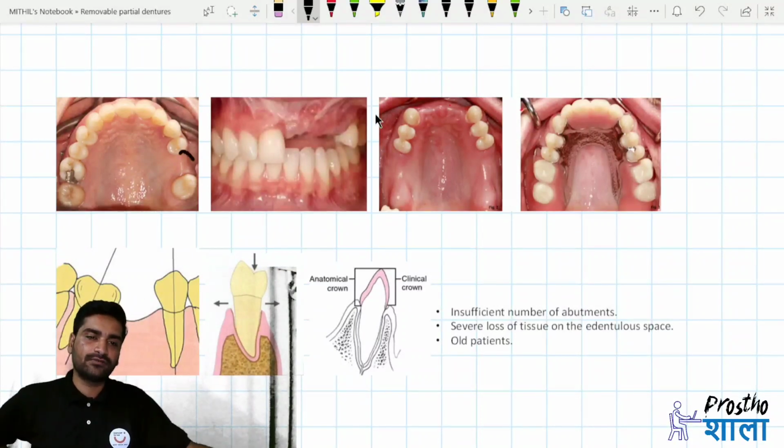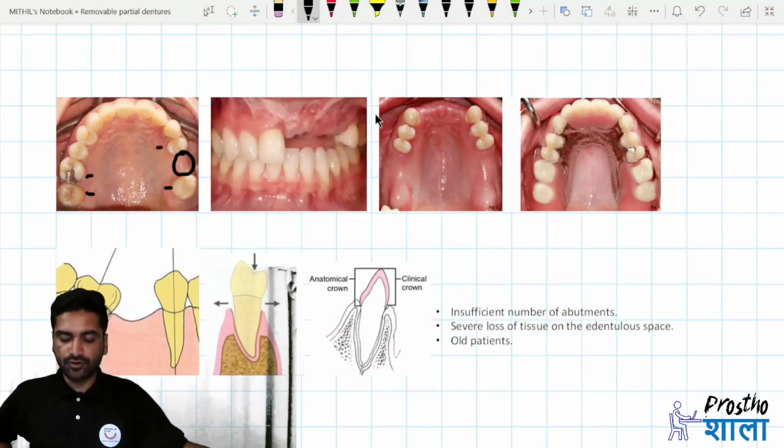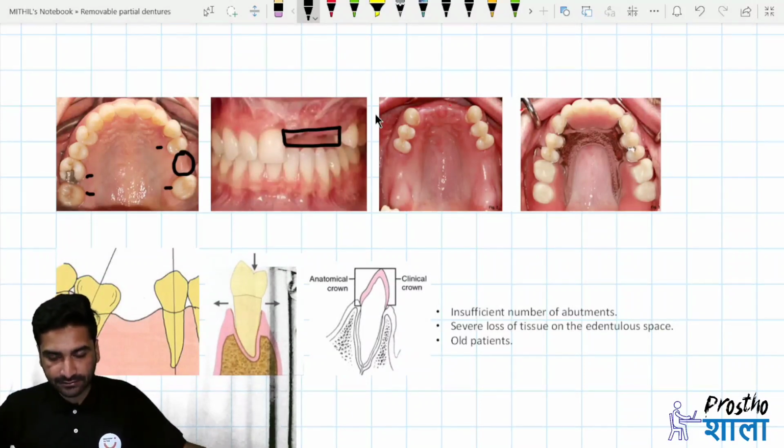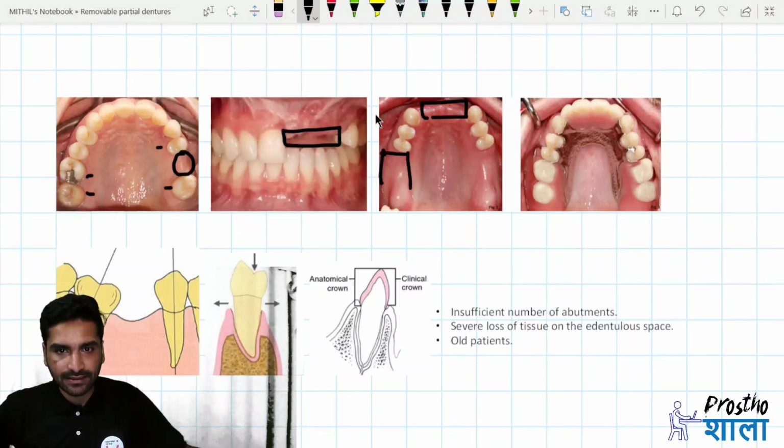To replace one tooth over here, we have a good amount of support from the molar and premolar on this side also, right? So when you have more than two posterior teeth or four anterior teeth missing, as in the second scenario, where four anterior teeth are missing, or you have anterior plus posterior edentulous areas, right?